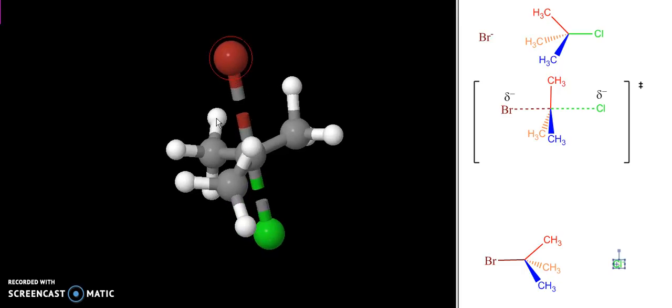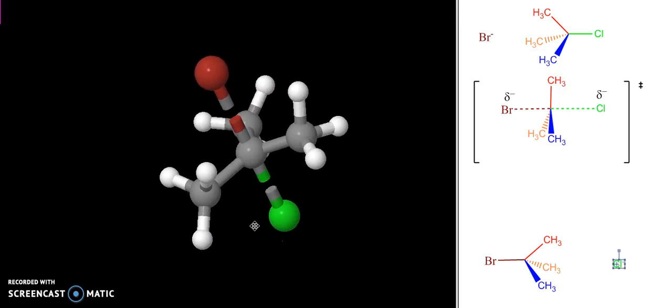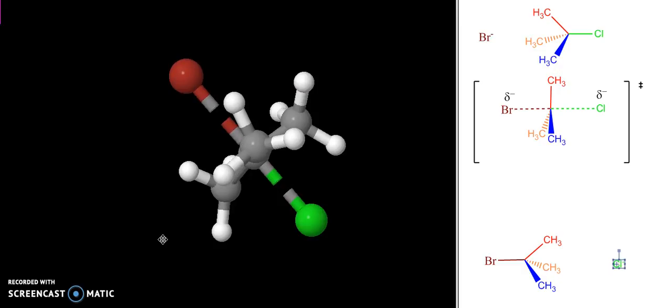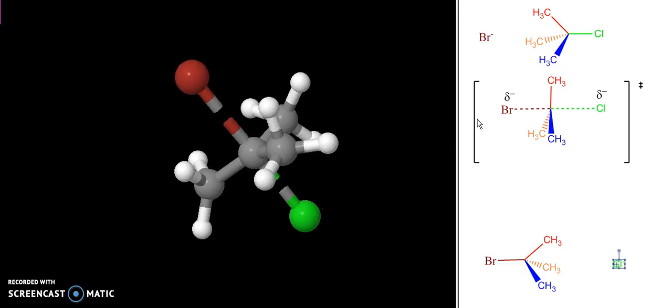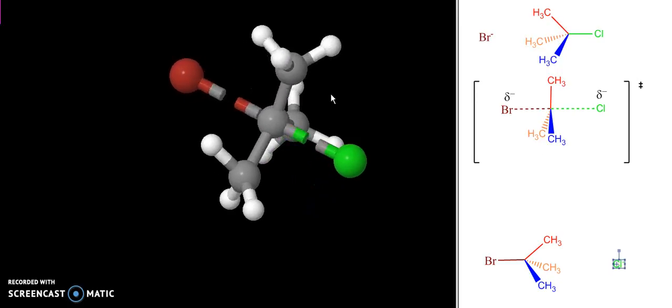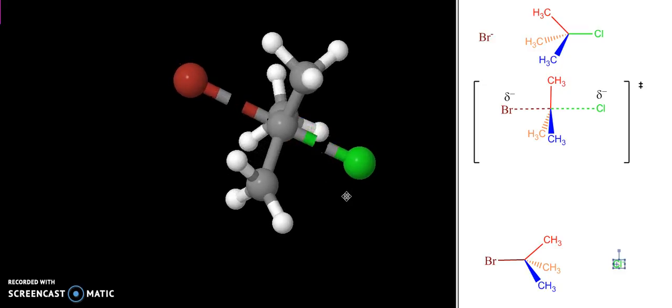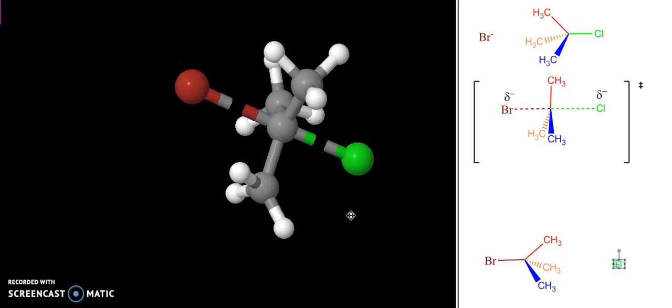These hydrogens get pretty close to the bromine coming in and the chlorine leaving, and sterically it's a lot more crowded. That's why for a tertiary alkyl halide like this one, we don't see an SN2 reaction, because this transition state right here, or as shown in 3 dimensions right here, is very crowded. This is going to proceed by a different mechanism, an SN1 mechanism, because this crowded transition state is very high.